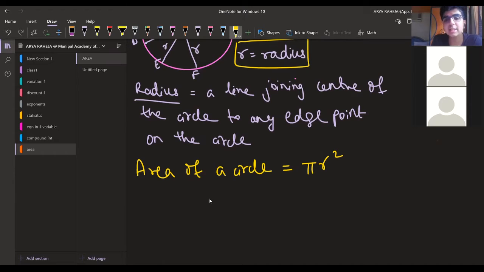Okay, ये pi क्या होता है? That also I'll explain now. But just write down that area of a circle. Pi is 22/7. Very good. Yeah, pi का value is 22/7.